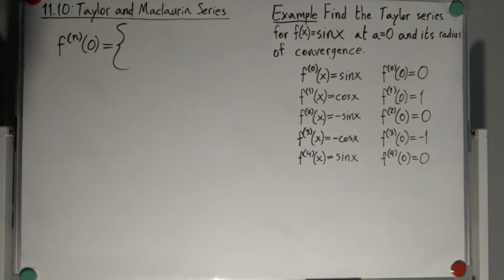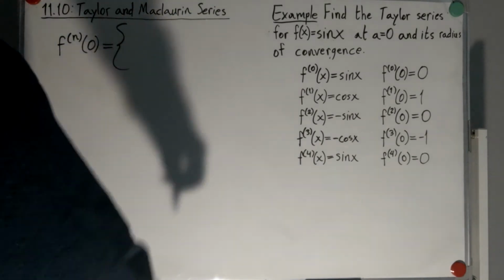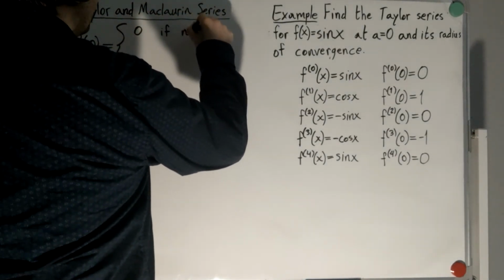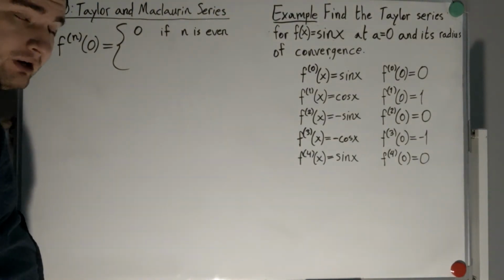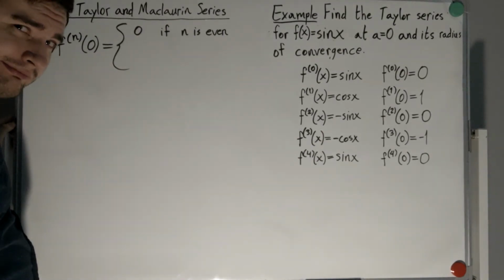The nth derivative evaluated at 0. Well, if n is even, we want to say that it's just 0, right? If n is odd, then it's either going to be 1 or negative 1.